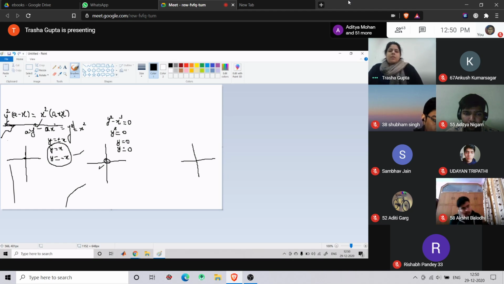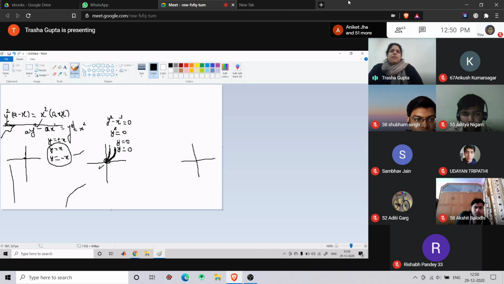The curve is basically like this. ठीक है, bend यहाँ पे ठीक से नहीं आ रहा, so it is going to be like this.